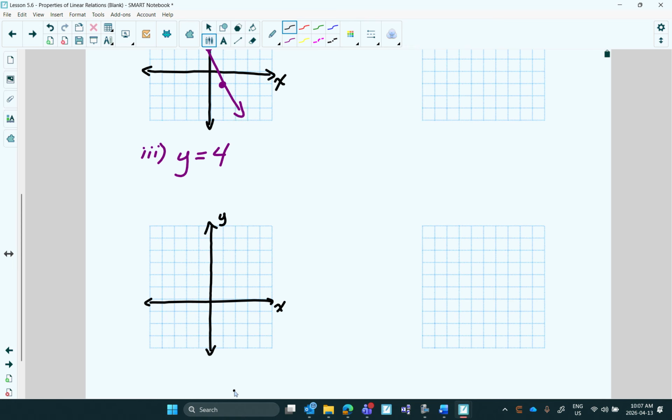Zara? You go to the fourth place on the Y, yes. Go to the 4, and then draw horizontal. Well done. Remember, if it's just a Y in the equation, horizontal line, automatic. Linear or not? Yes. Yeah, obvious, again.